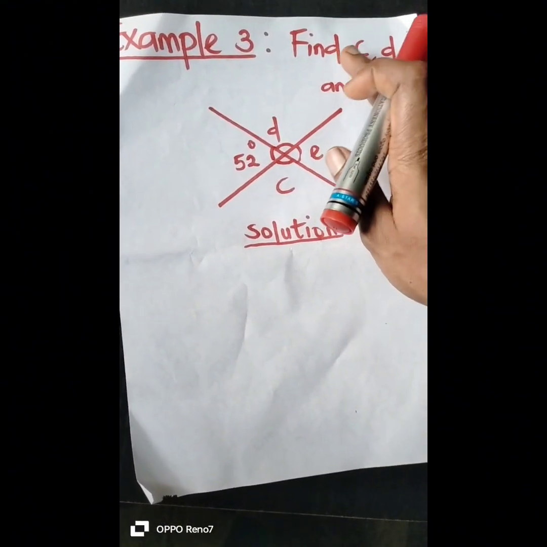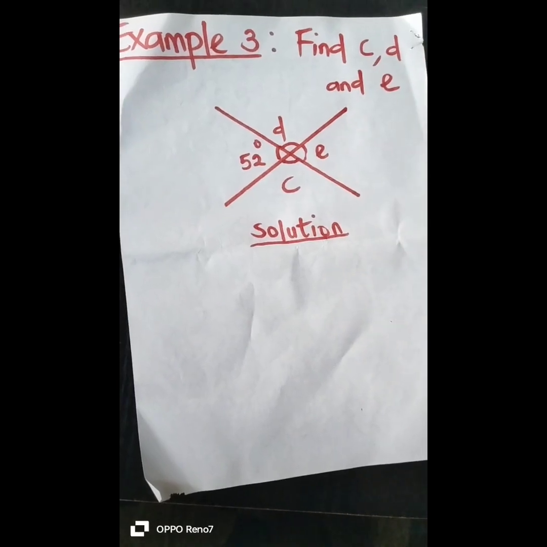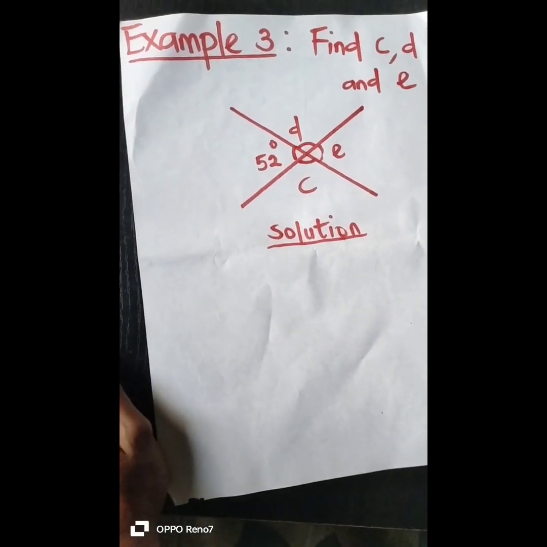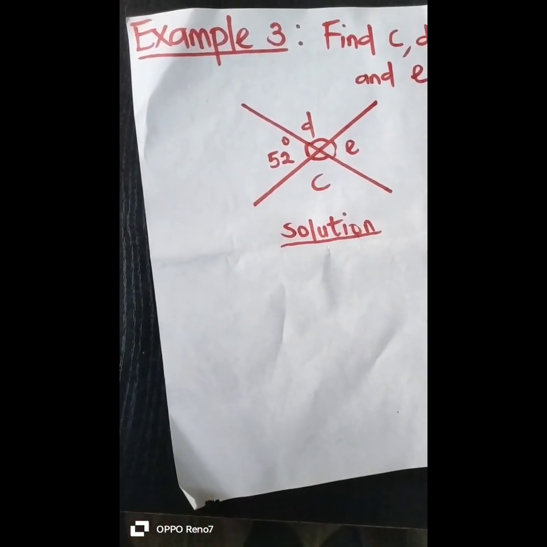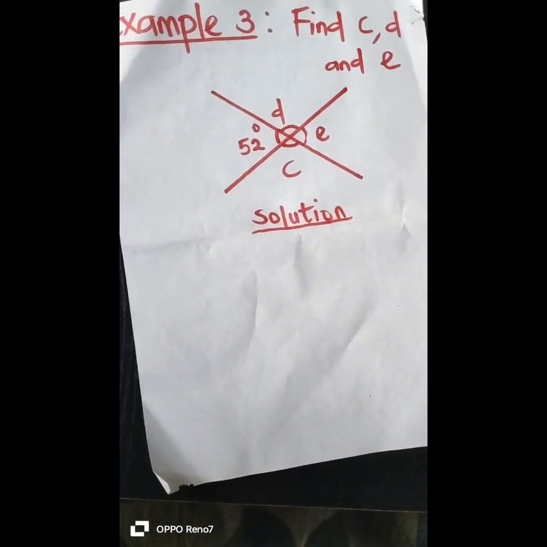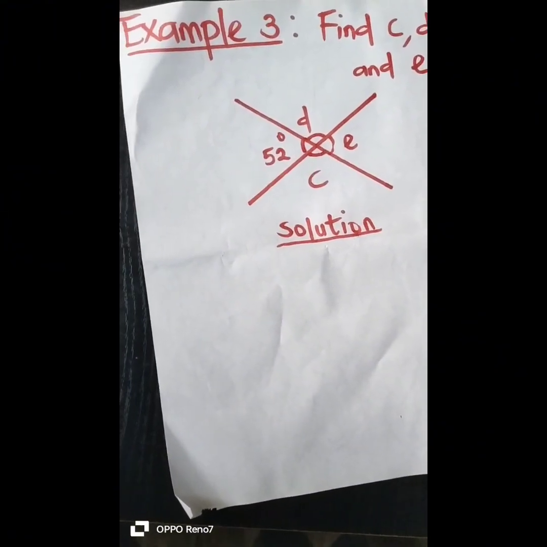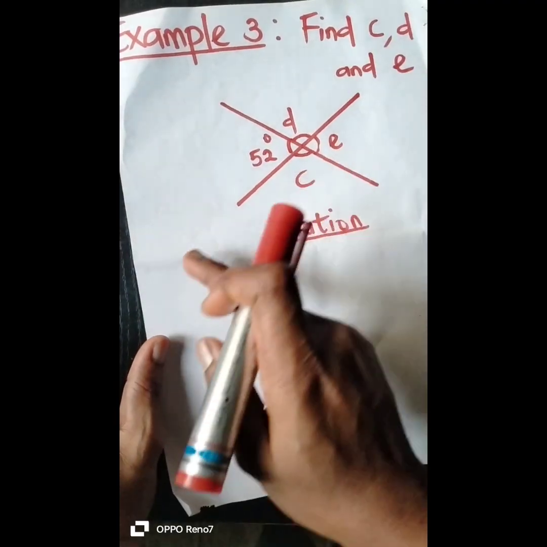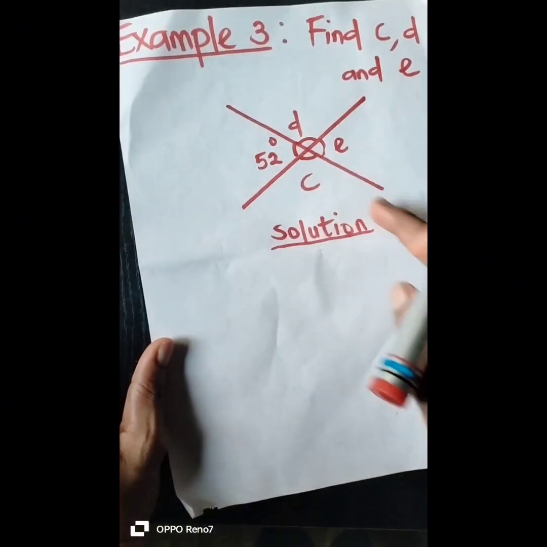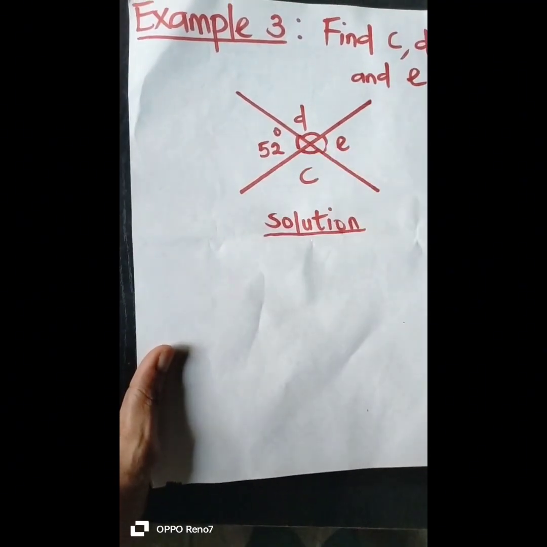Now here's example 3. They said we should find C, D, and E. Now recalling one of the properties that says vertically opposite angles are equal. Vertically opposite angles are pairs of equal angles formed opposite each other when two straight lines intersect, and these are two straight lines that intersect at this point.